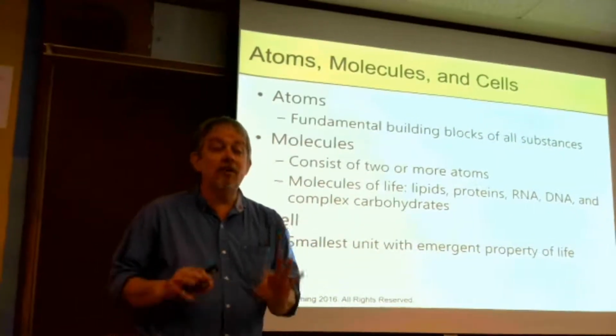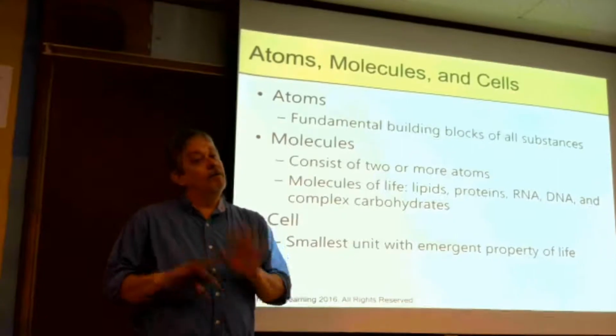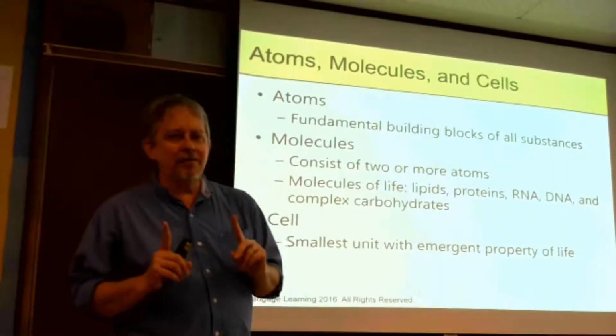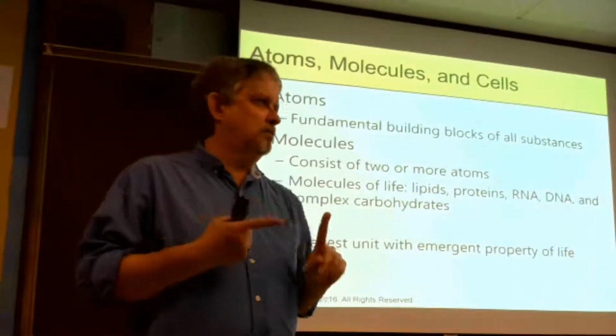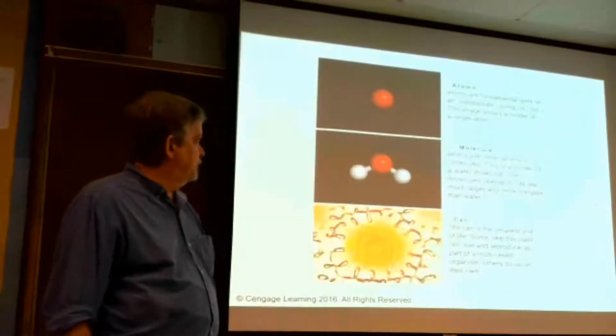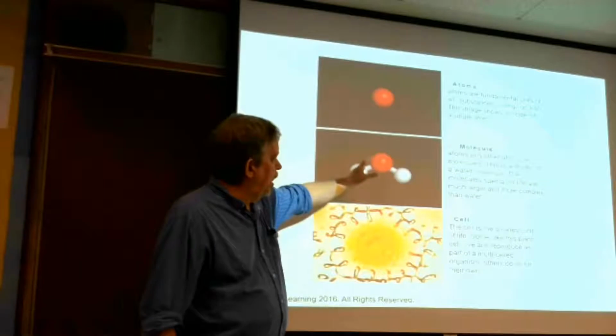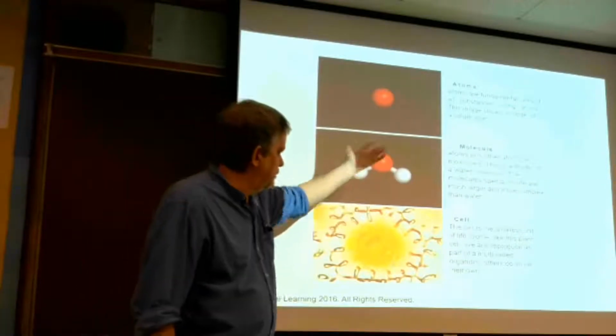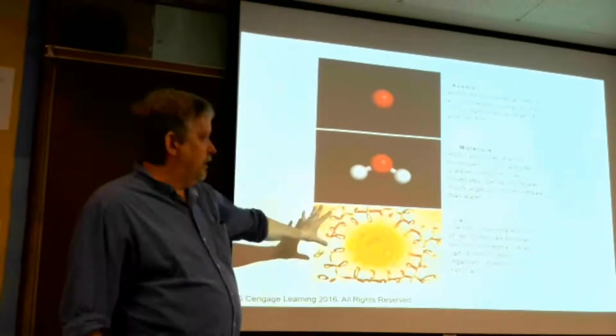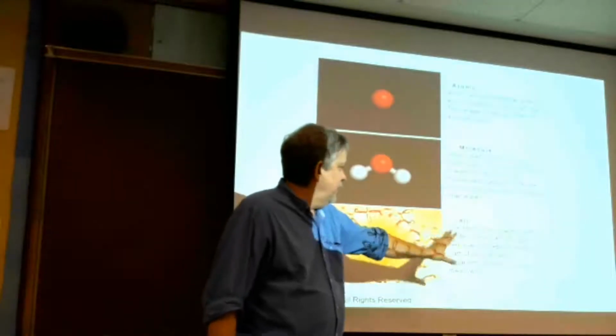Again, what is the smallest unit of life? On the test, make sure you remember the cell is the smallest unit of life. So atoms, the fundamental building blocks. Molecules, more than one atom joined together. We have the cell, the smallest unit of life.